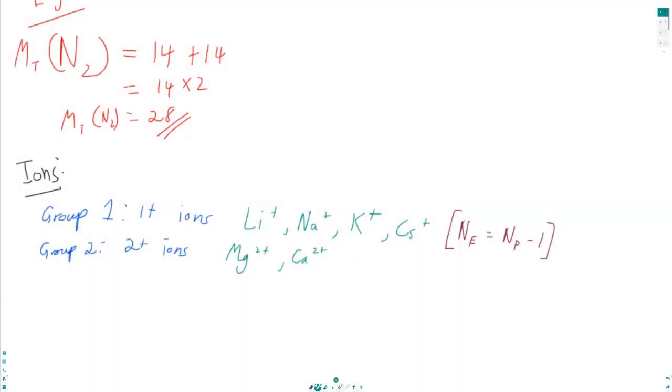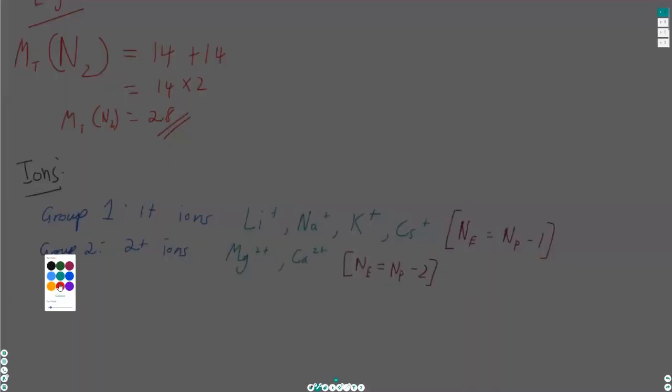For these, the number of electrons is equal to the number of protons minus 1. No, not minus 1, minus 2. So magnesium 2 plus, Ca2 plus, these are all group 2 ions.